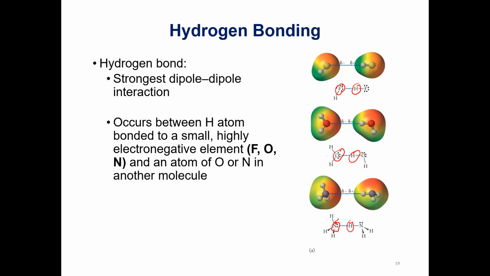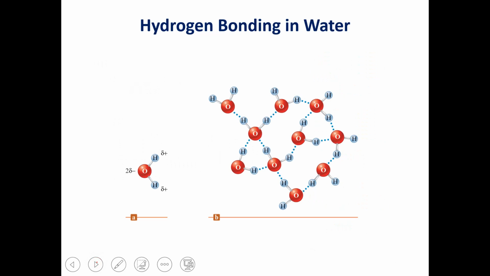They're between molecules, not within molecules. So one example of this is hydrogen bonding in water. So if you have water molecules, you have the oxygen end with its partial negative and the hydrogen ends with their partial positive. We form a hydrogen bond between the oxygen and the hydrogen.